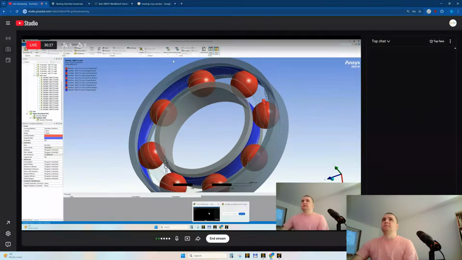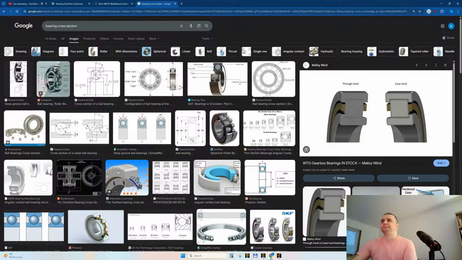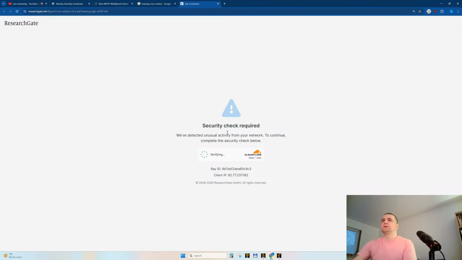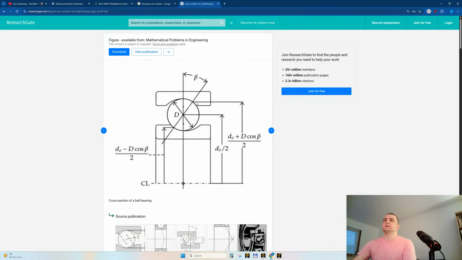There is some discussion to be made here. In reality, for example, this image, can I open only this image? Yes, only this image. In reality, the purpose of the cage and of the lubrication and of the bearing is to reduce the friction. Normally, we will need to use either a frictionless contact between ball and everything or a very small friction coefficient.